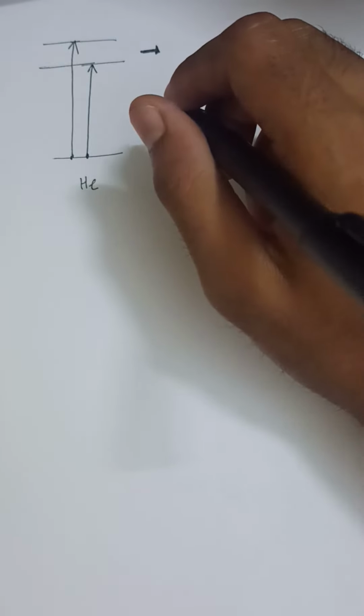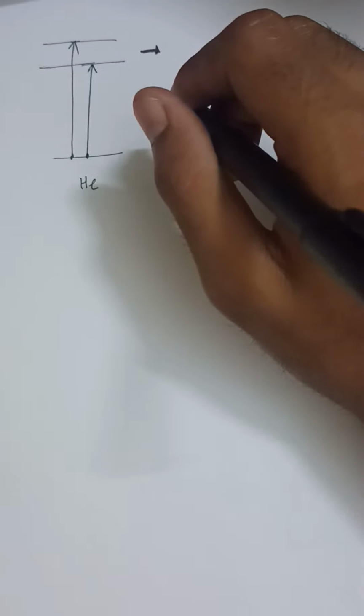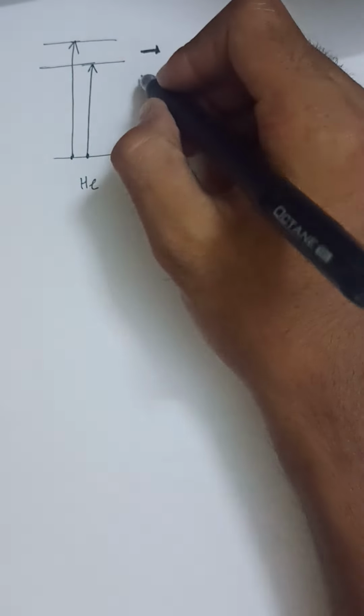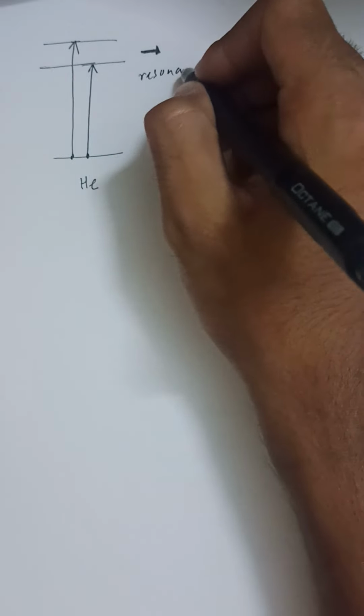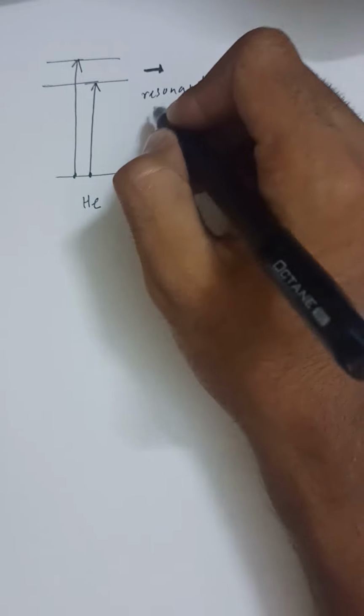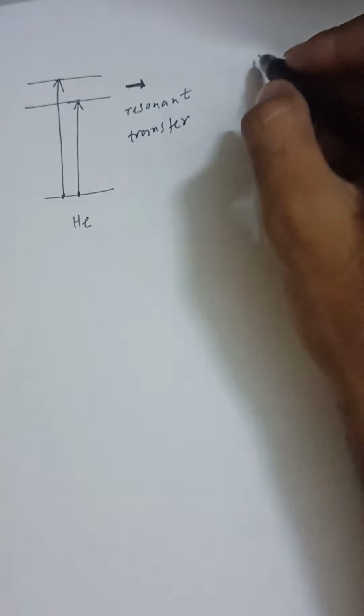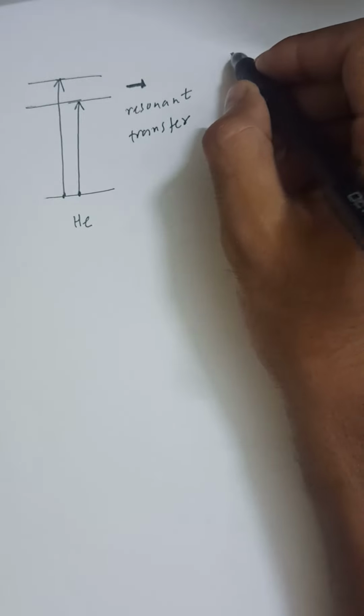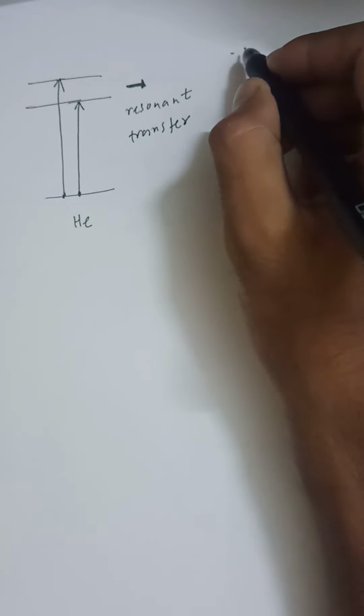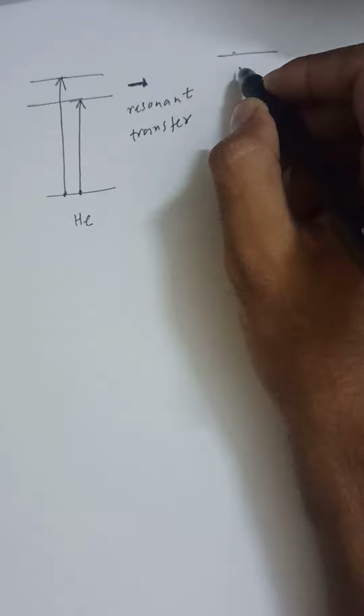With the energy match so close, collision of excited helium atoms with ground state neon atoms results in a type of energy transfer called resonant transfer. As I said, it is a 4-level energy diagram.